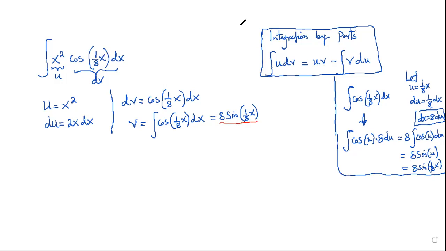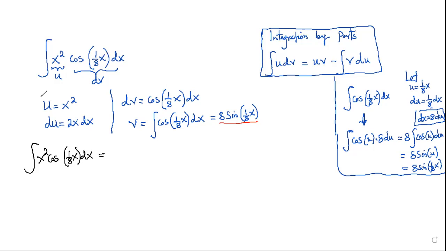So remember now, we need to use our formula. The integral of x squared cosine 1/8 x with respect to x is equal to uv.